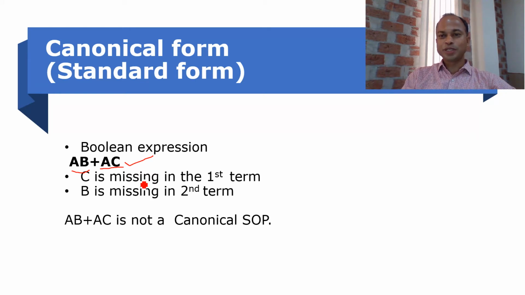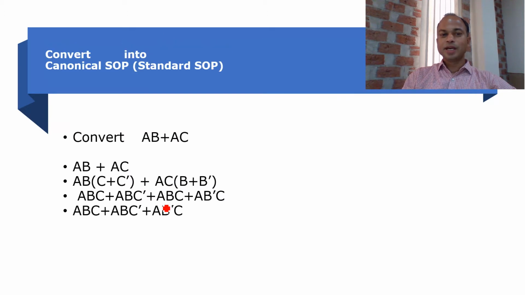So we have to take 3 variables in every term so that we can convert our normal form to standard form. How can we convert it? Further, we have written the same expression AB plus AC. Initially we take AB and multiply it by 1, where 1 means C plus C dash equals 1.